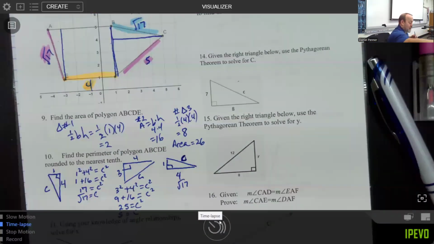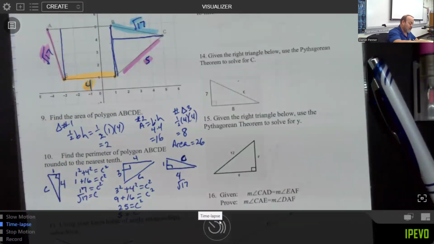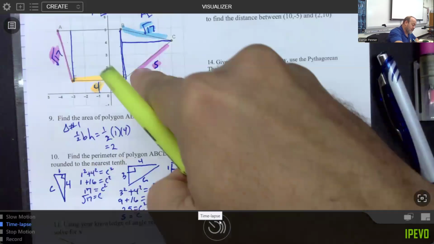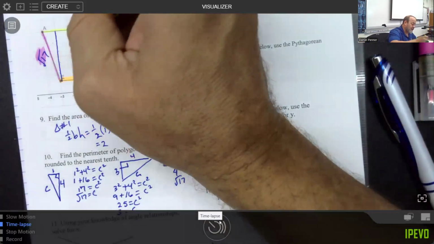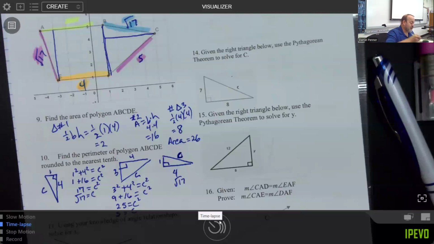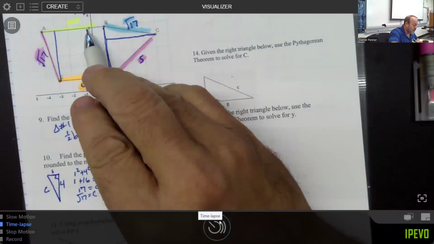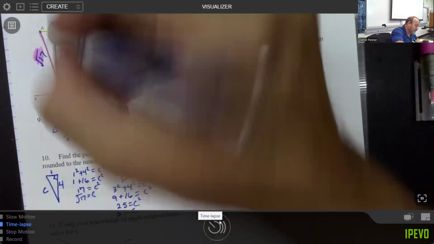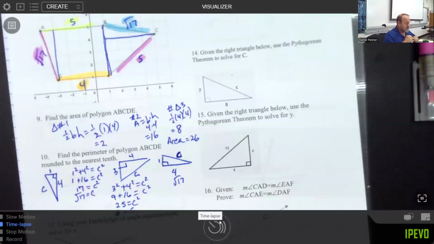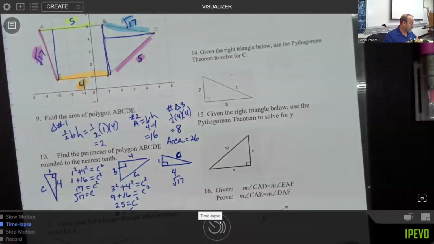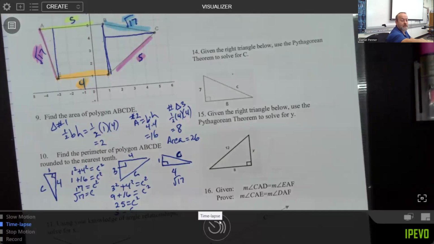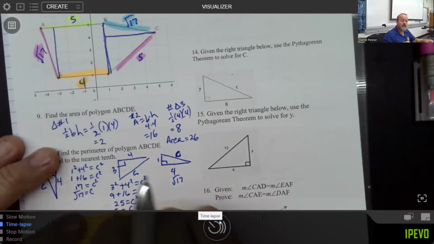And then the only thing left to get myself home as I walk my way around this shape is to find the length of AB. And AB would be the length 1, 2, 3, 4, 5. There we go. And so that would make my perimeter. And I wish I had a little more space, so I'm going to just write a sticky note right here so I can actually get enough room to write that in there.